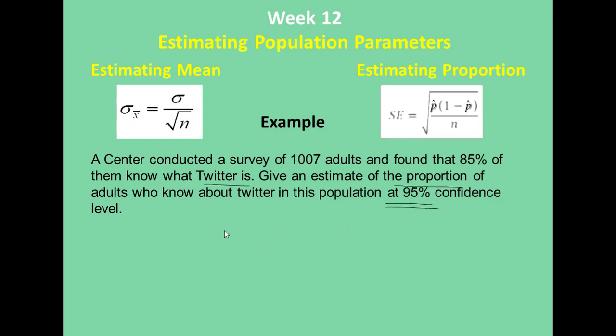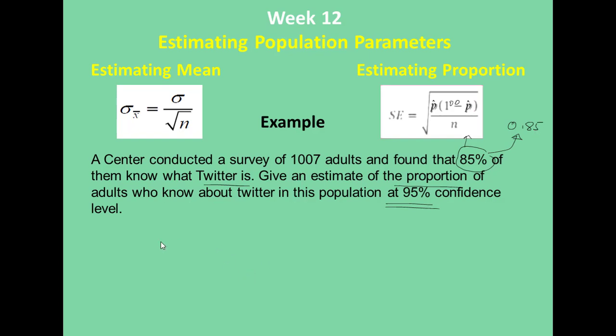What you are supposed to realize here is, first of all, that you are dealing with proportion, not mean. Second, you are given the proportion as a percentage. If you wanted, you could convert the formula to work with percentage, but what I prefer personally is to work with decimals. So I would usually convert this 85% into a decimal, which becomes 0.85.